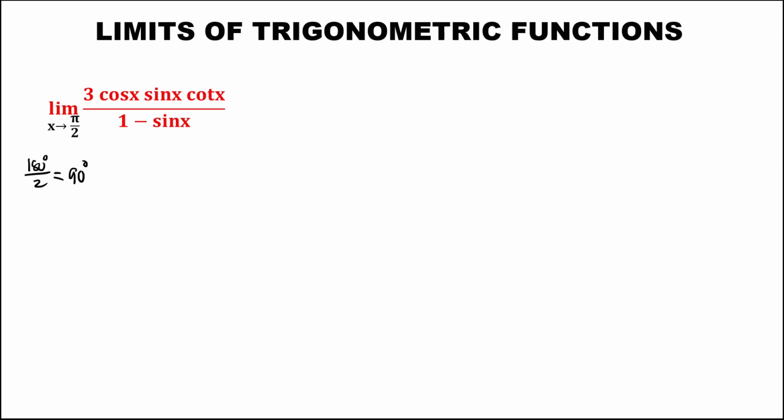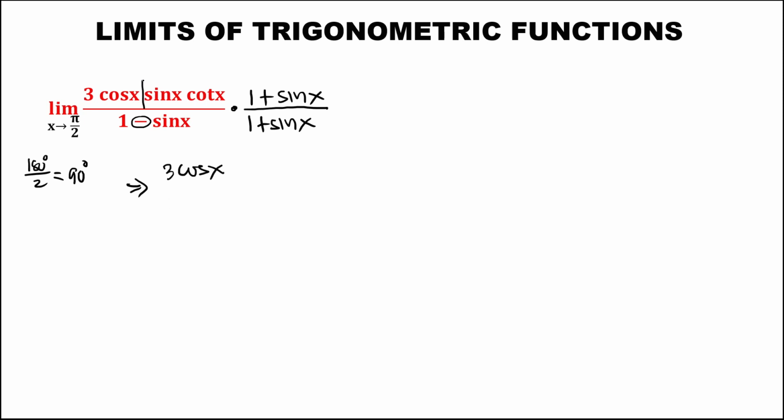So to solve for this limit, we use the conjugate. The conjugate of 1 minus sine x is 1 plus sine x, and we also multiply the numerator by 1 plus sine x. Then to simplify, we have 3 cosine x.